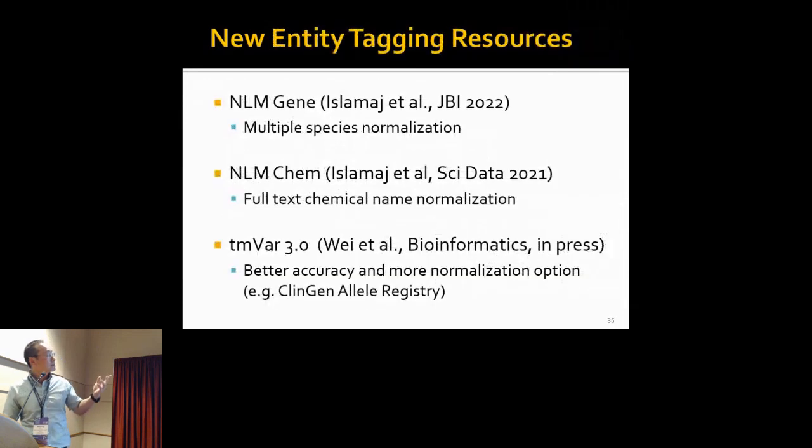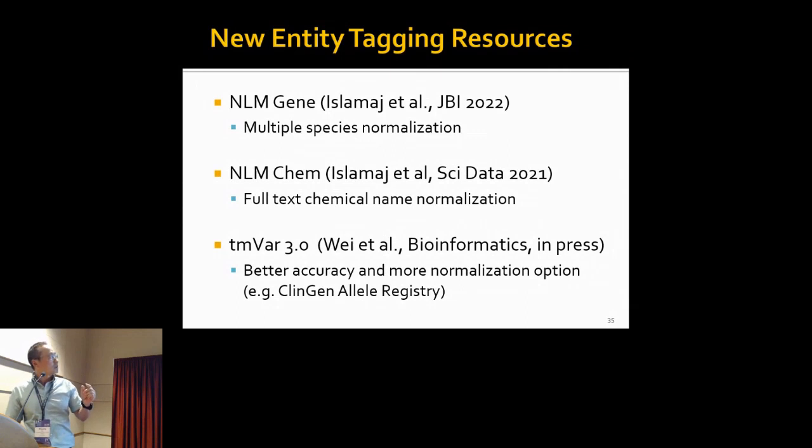And along with the methods, we have also been improving our tagger with more data corpora. We have developed a gene corpus, which includes not just a few of the most important species like human and mouse, but spans about 10 or 12 different species.